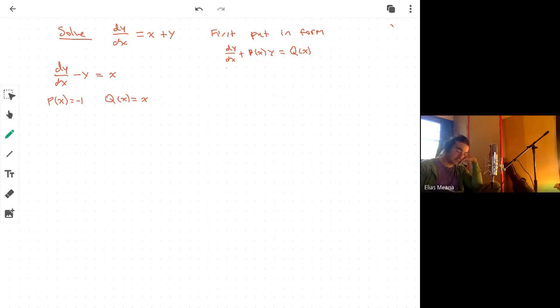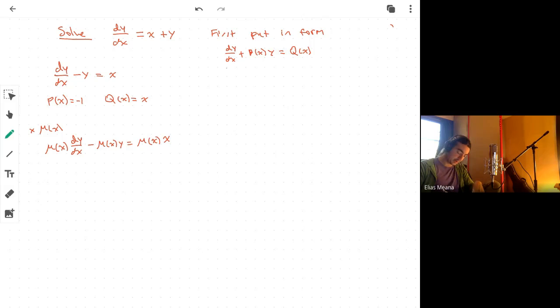So what we're going to do is we're going to just repeat the theory. So we're going to multiply by mu of x, which is going to give us mu of x dy/dx minus mu of x y equals mu of x q of x, which is just x, right? And so we said we wanted to force it.